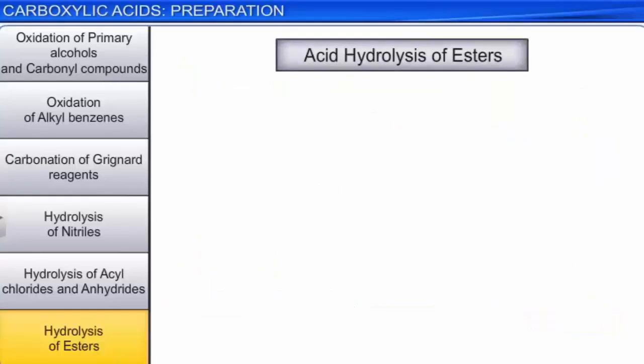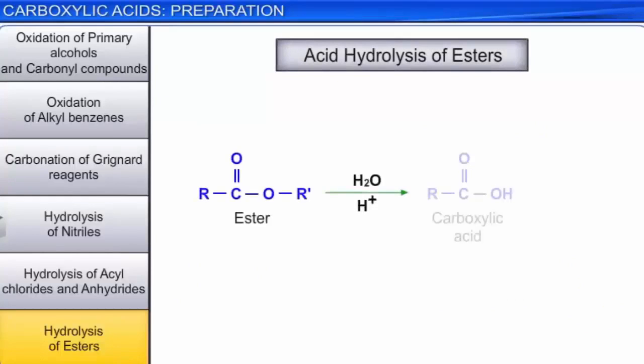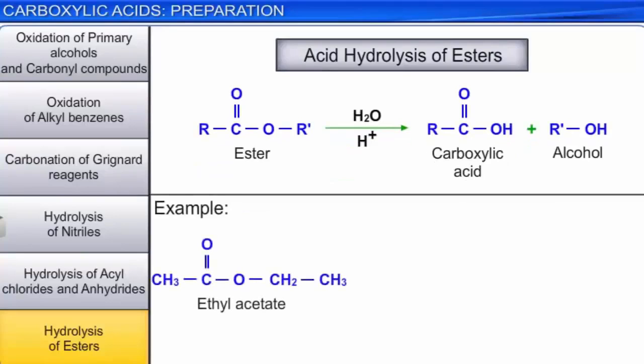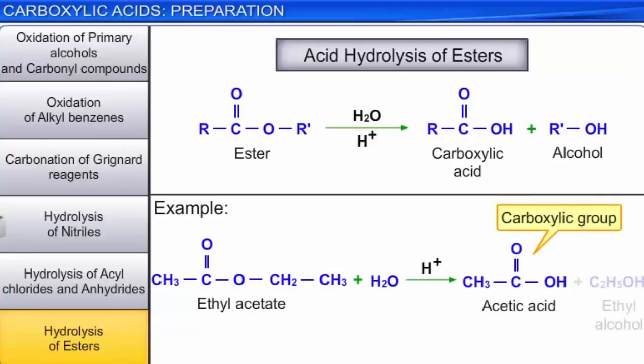Acid hydrolysis of esters directly gives the carboxylic acids concerned. For example, ethyl acetate, on boiling with a dilute acid, gives acetic acid and ethyl alcohol.